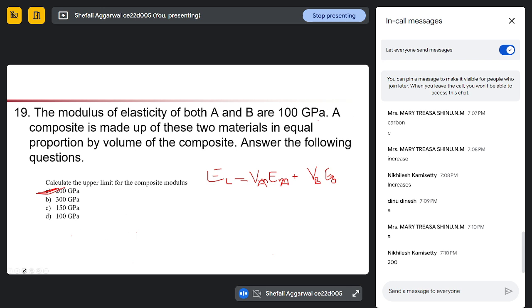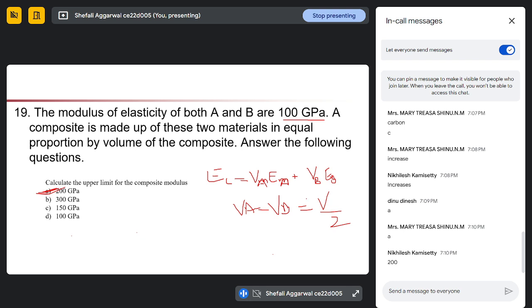So what is given to us is EA is equal to EB is equal to 100, and the volume is divided between the two. So VA is equal to VB is equal to V by 2.